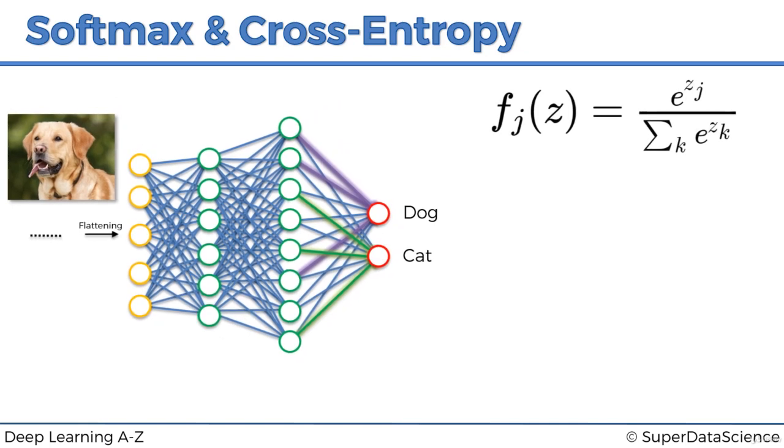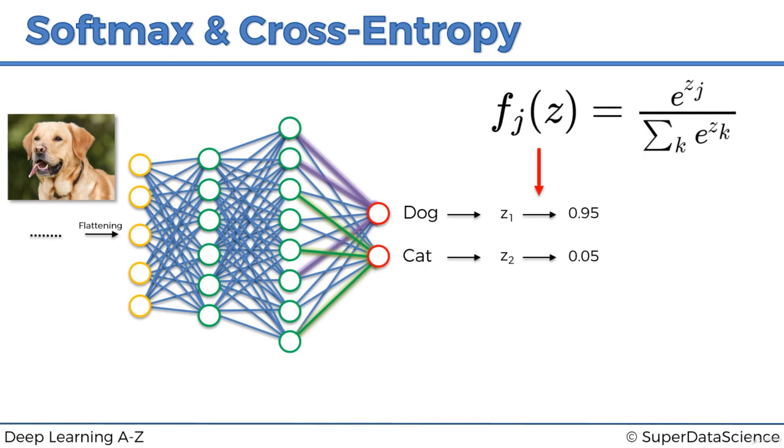Normally what would happen is the dog and the cat neurons would have any kind of real values. They don't have to add up to 1. But then we would apply the softmax function, which is written up over there at the top, and that would bring these values to be between 0 and 1, and it would make them add up to 1.